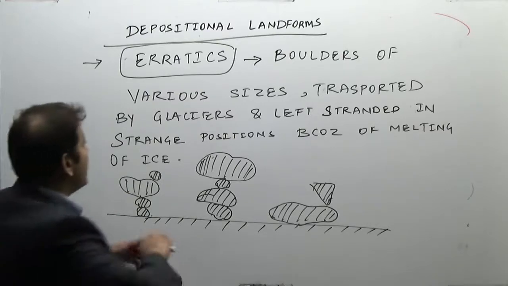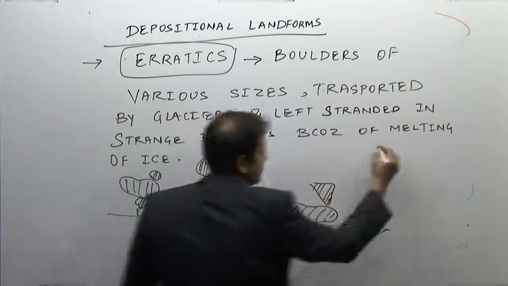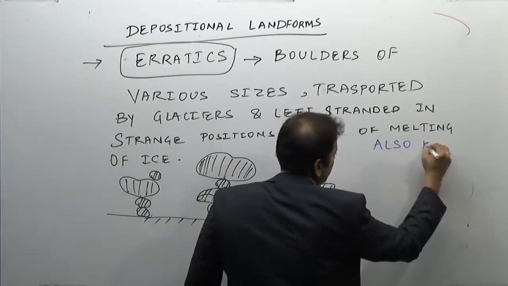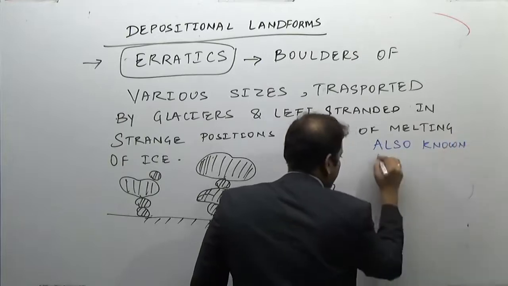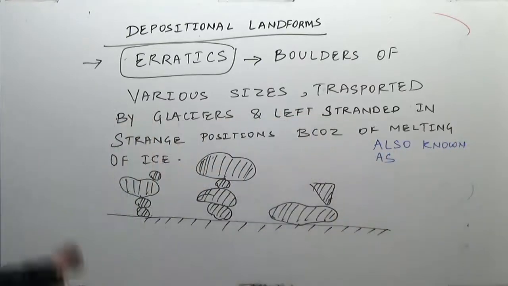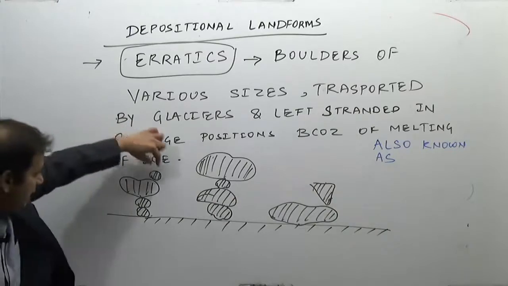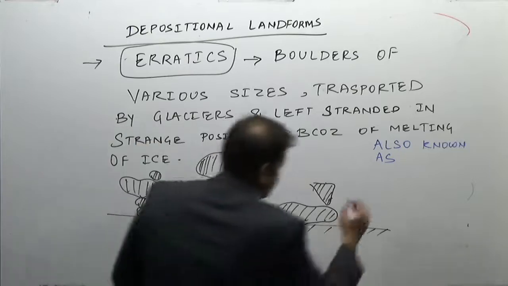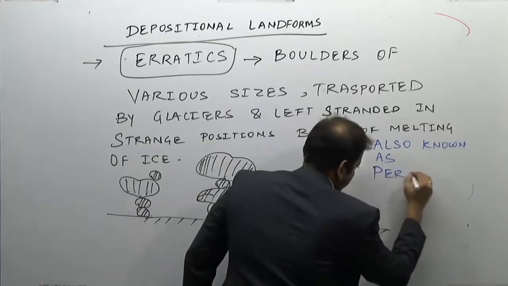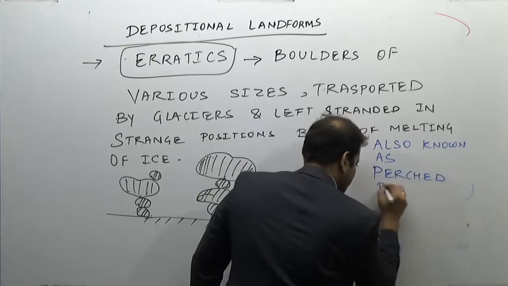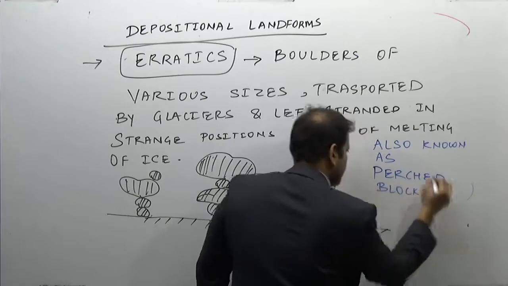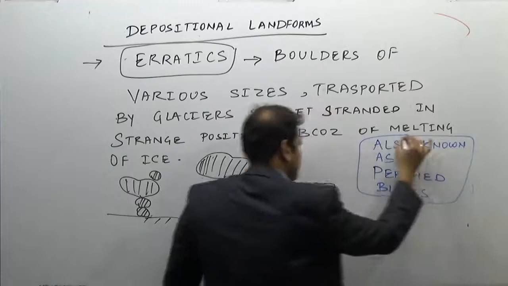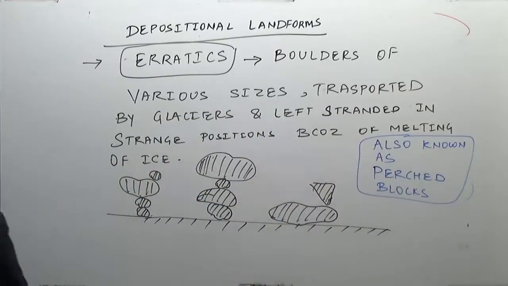Because of their strange positions, as if somebody has picked and put this rock here, somebody has placed them, they are also known as perched blocks.